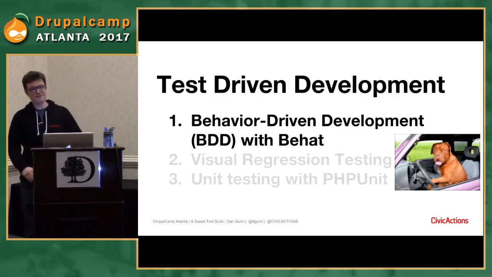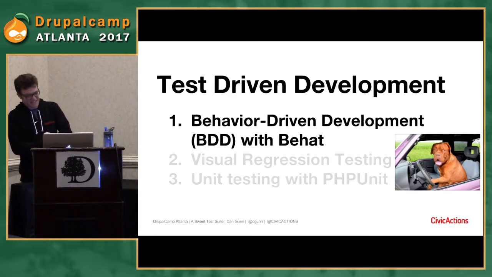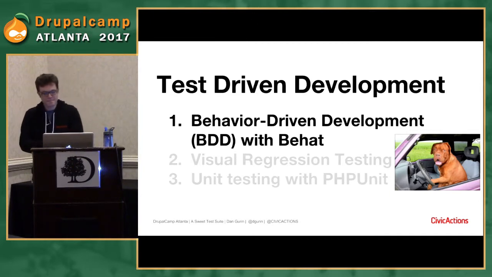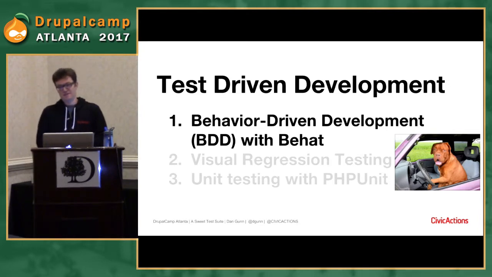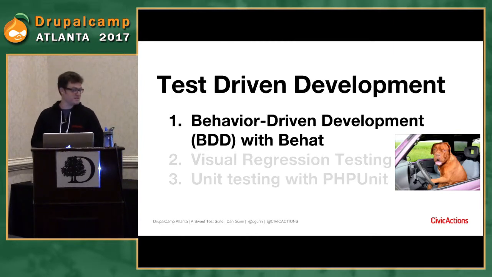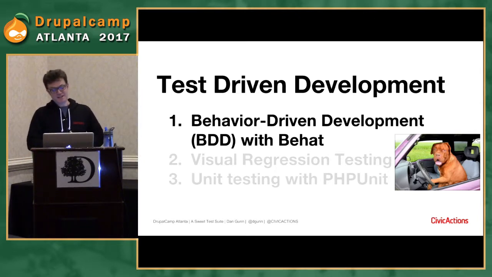So today we'll talk about test-driven development. And at Civic Actions, we prefer free and open source software. So we'll be focusing on testing software that meets that criteria. First, we'll take a look at behavioral testing. It's typically easier to write and to understand.